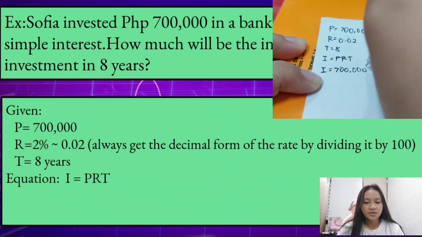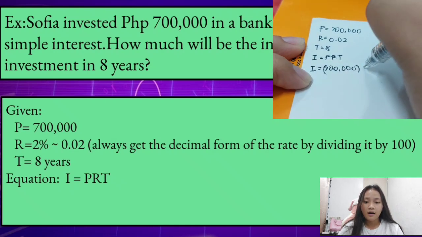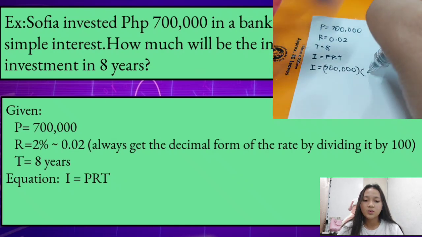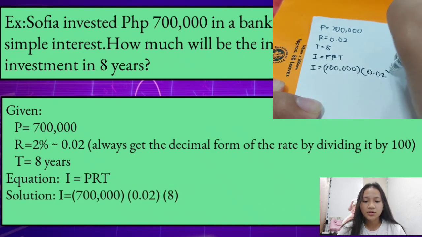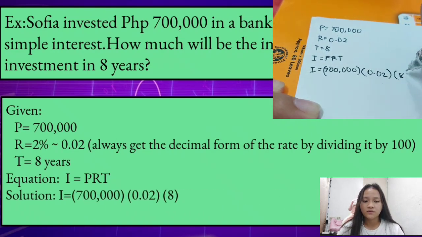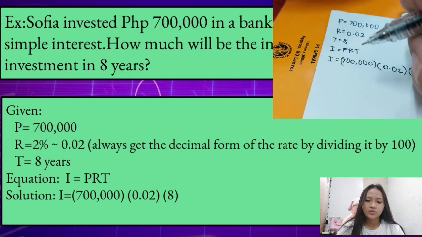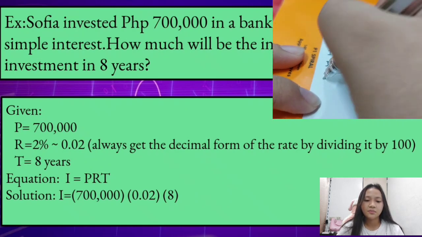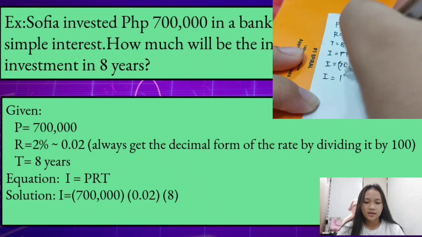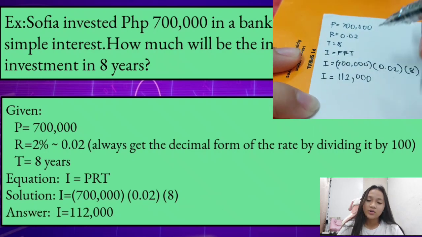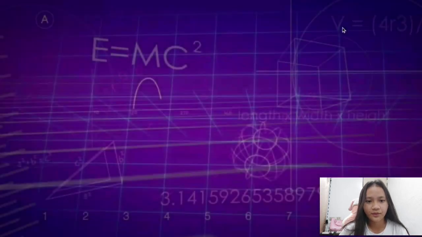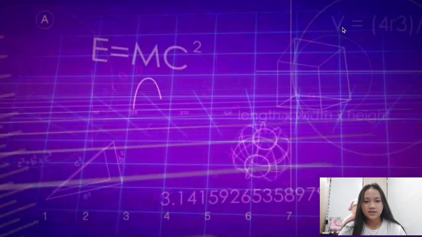So the equation is I is equal to PRT, or I is equal to P times R times T. The solution is you need to substitute it first. So I is equal to 700,000 times 0.02 times 8. So the answer will be I is equal to 112,000.